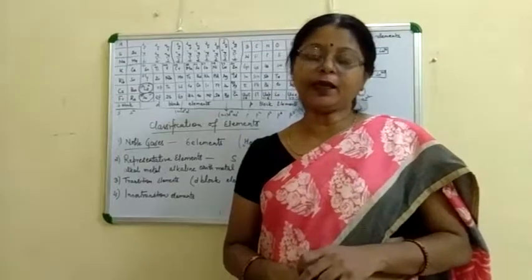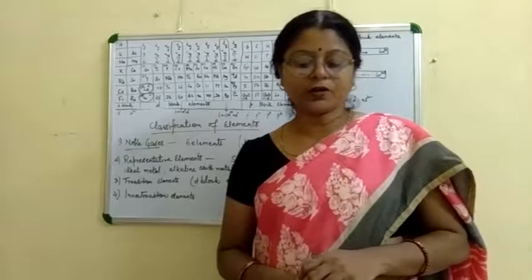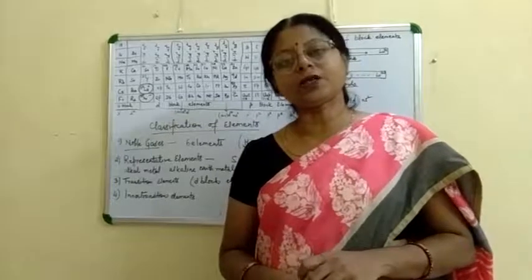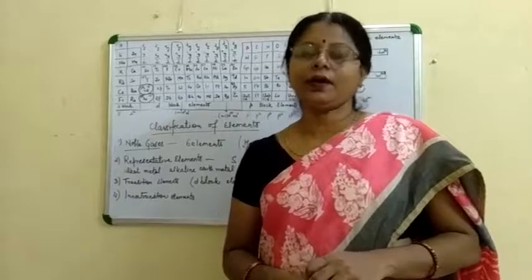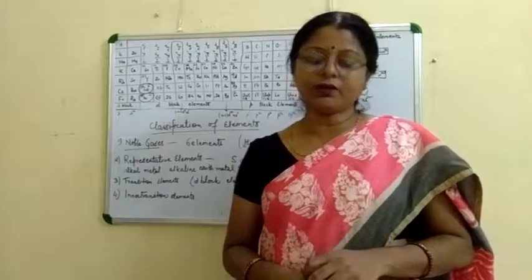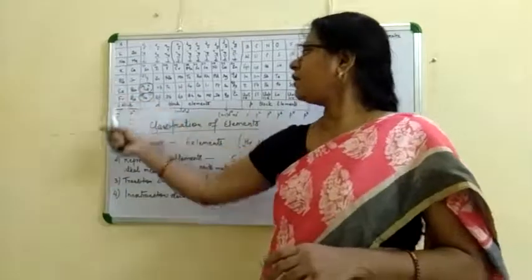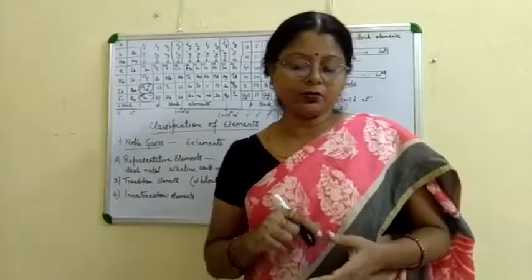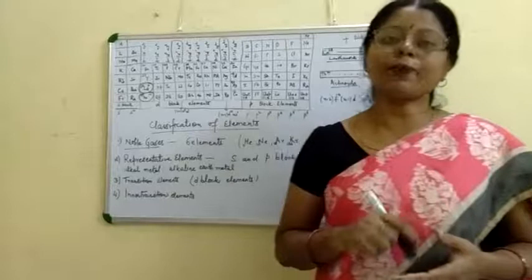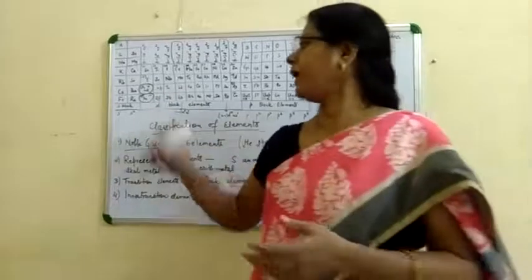They are highly electropositive and possess very low ionization energy, meaning they easily form cations by losing electrons. First group elements mostly show the valency +1, and second group elements show the valency +2.